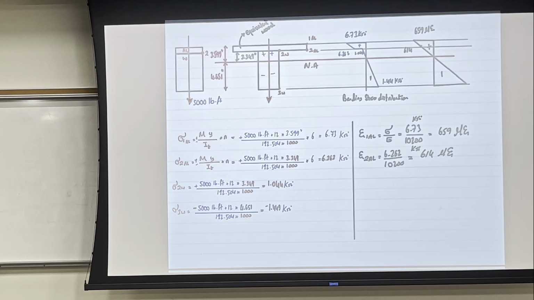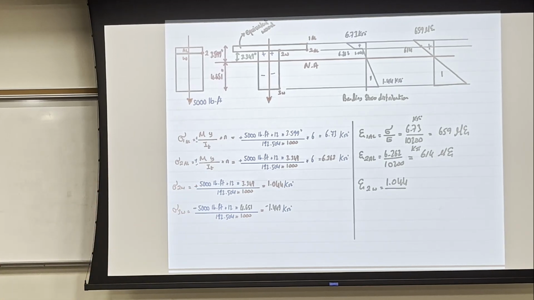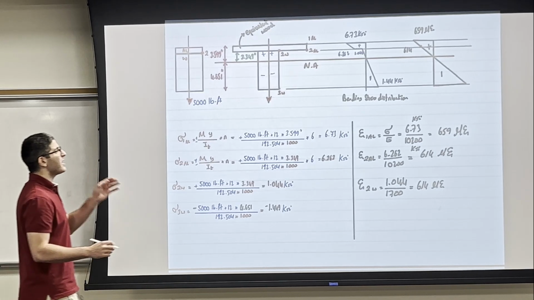Now let's calculate it at point 2 in the wood. You're going to have 1.044. But now we don't use the 10,200, because we are in the wood region, so I'm going to use 1,700. For 1,700, you're also going to find the strain is equal to 614. At the same point, you have the same strain. You don't see any drops.